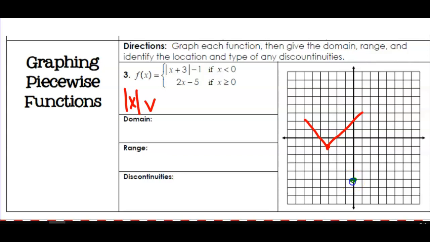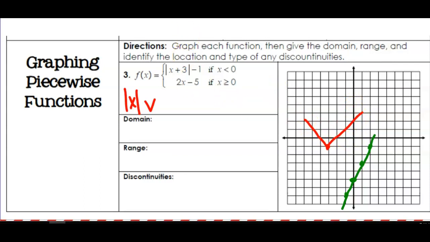Negative 5 is here. And then it's supposed to be going up 2 and over 1, up 2 and over 1, or back this way. Now, if you're not using pencil, you're in trouble, because this is not what's happening, because this piece only works when x is less than 0. That's this side. So for the red function, I need to stop when I get here where x equals 0.